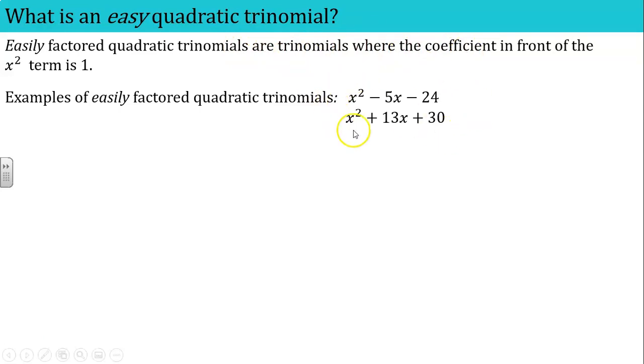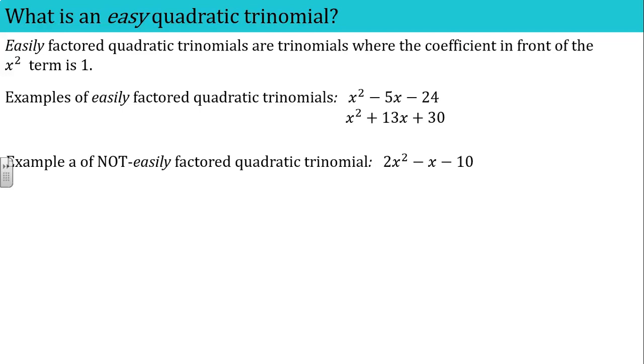So here you can see that visually with a couple of examples. Here's the x squared term, and the invisible coefficient in front of that term is 1. So this would be an easily factored quadratic trinomial. With this one, there's the x squared term, and there's an invisible 1 in front of it.